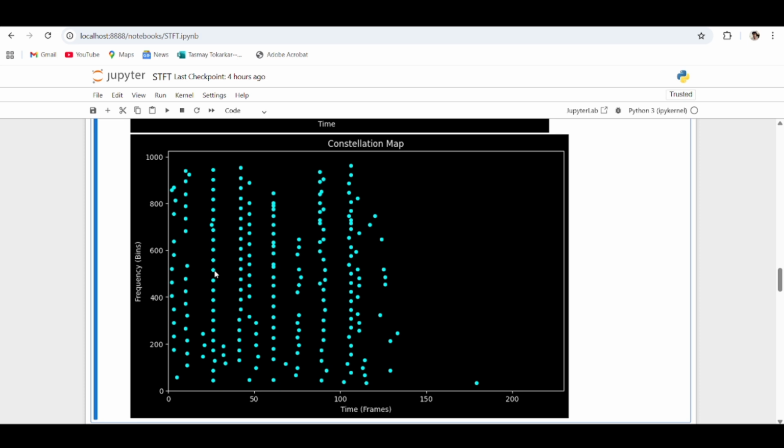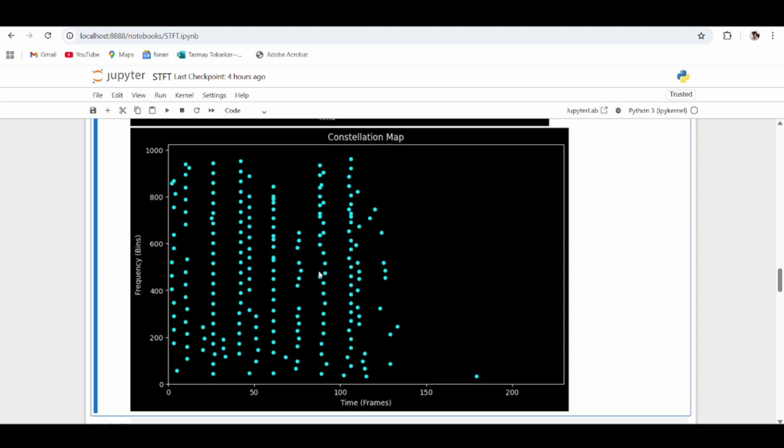So it's giving me two things, frequency and time. This is not exactly the fingerprint, but it can be called the outer layer of the fingerprint. But we still need to do something more about this constellation map, and that we'll look at in the next scene.